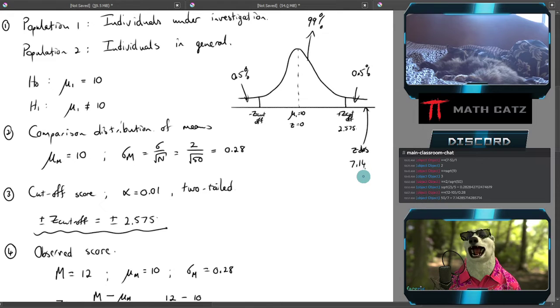We consider that to be so extreme and so rare that it's not just going to happen by accident. And it suggests that the distribution actually is not over here, but maybe more sitting at a place where a 7.14 is considered a fairly common observed score to get.